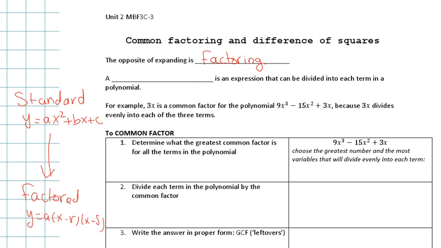So if you want to go from the standard form to the factored form, you're going to do the process that we call factoring. Okay? So the process right here is called factoring.